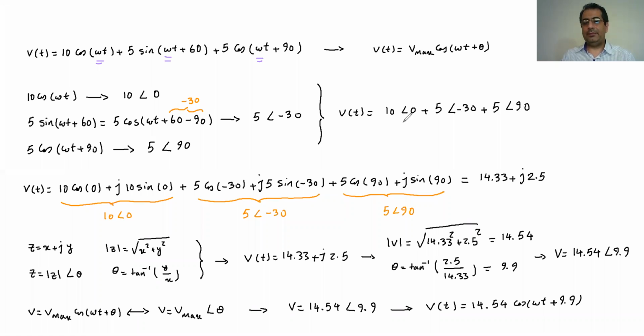You can put the magnitude of 10 with an angle of 0, 5 with angle of negative 30, or 5 with angle of 50, and it automatically gives you this final value, so you can skip all the calculation in between. So if you enter these three in your calculator, this is what you're going to get. And then when you have this, you can simply write that. So make sure that you know how to use your calculator to enter the complex numbers and do the calculation.